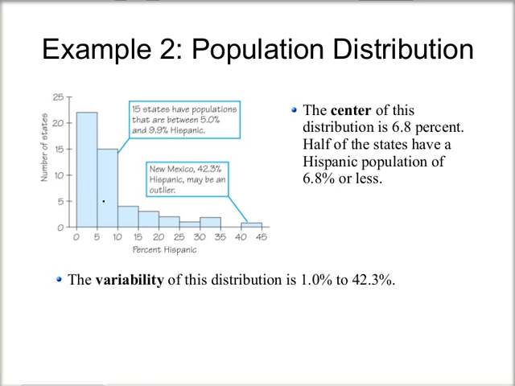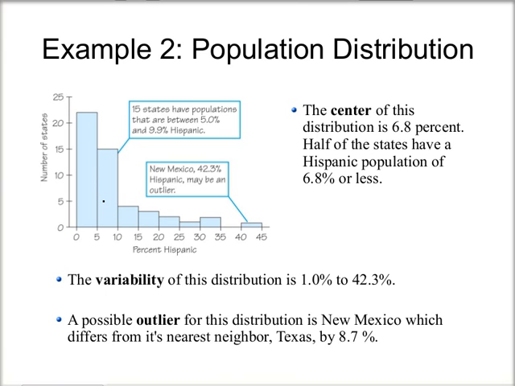From the lowest value to the highest value. What about outliers? Well, we said that New Mexico might be an outlier, and it turns out that New Mexico differs from its nearest neighbor, which is Texas, by 8.7%. So it's pretty high compared to all of the other values. So that might be an outlier.